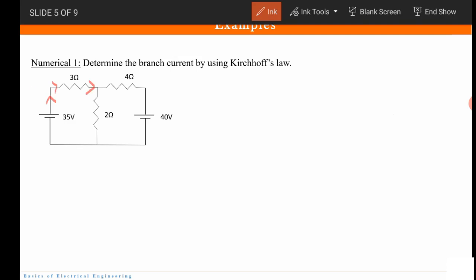Similarly, this is I1. Now you have one more current which flows because of the 40 volt supply. So this is the positive terminal, and here the current flows in this direction. This is I2. So this flows in this way. Finally it comes to this point, and this is my junction or node.